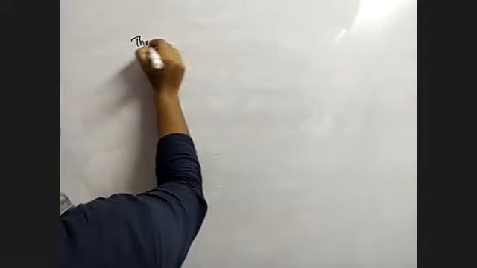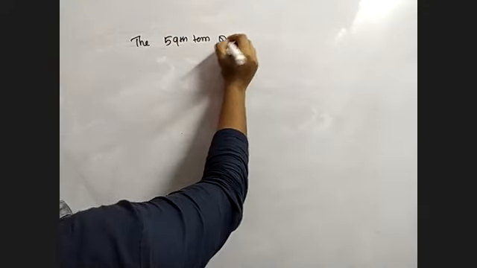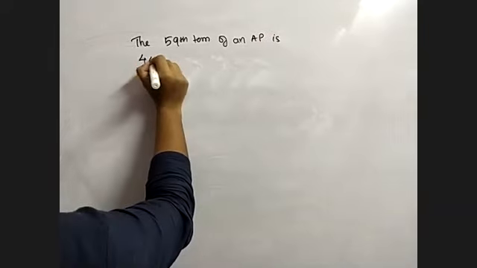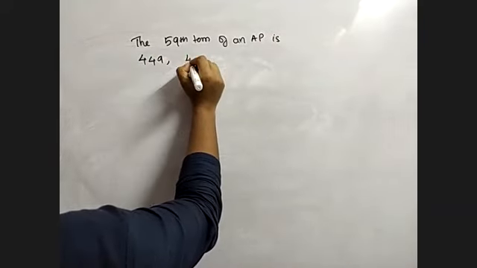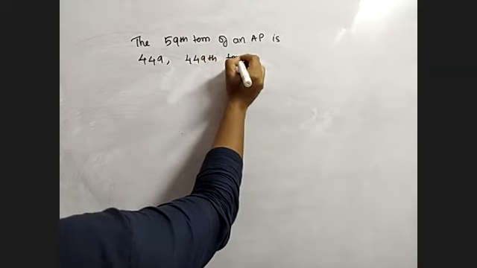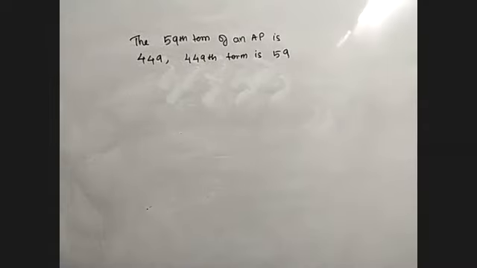Write down the next question. The 59th term of an AP is 449. The 449th term is 59.